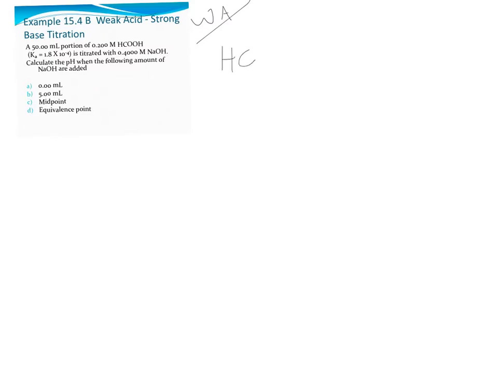Well, it's an equilibrium. HCOOH dissociates into H plus and HCOO minus. We set up our equilibrium here. We have a 0.2 molar formic acid. We always do our ice charts in molarities.